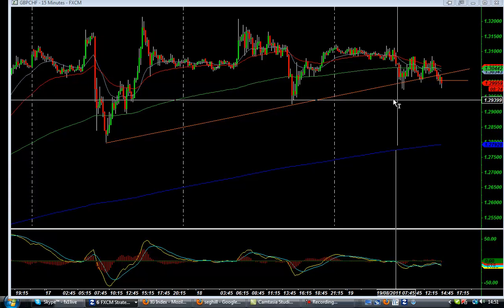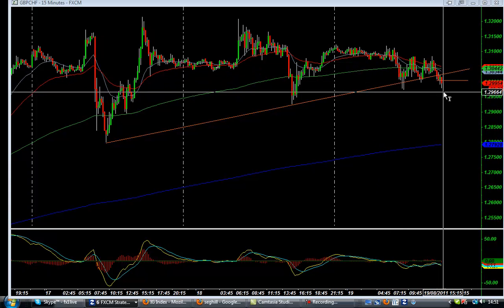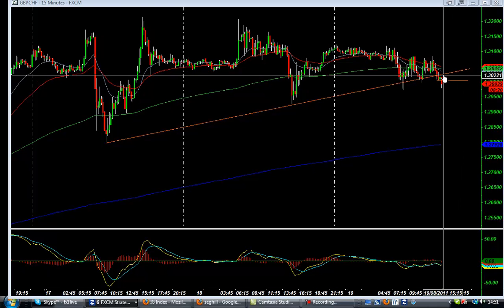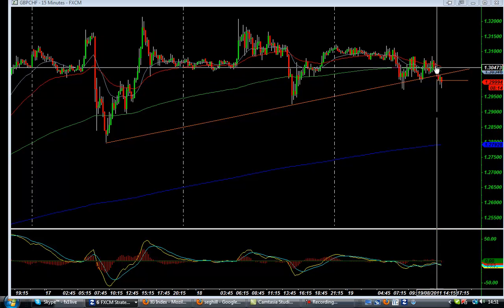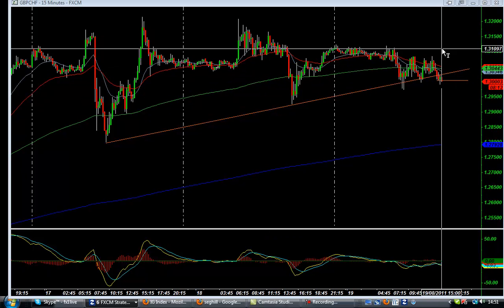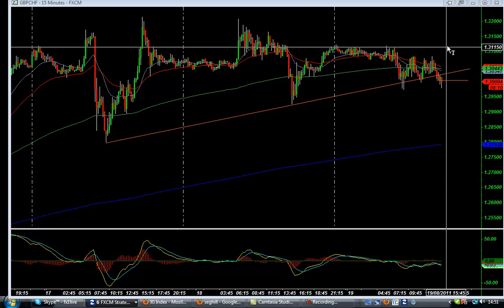So obviously when you do get this setup, when it comes down to a nice trend line, what was support will now become resistance as well, so that's an added resistance there, along with your EMAs here. So your stop needs to go above here.